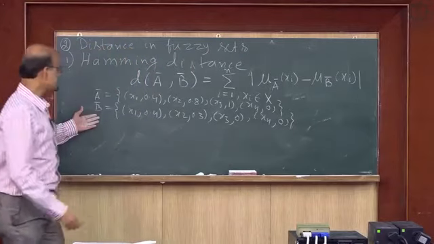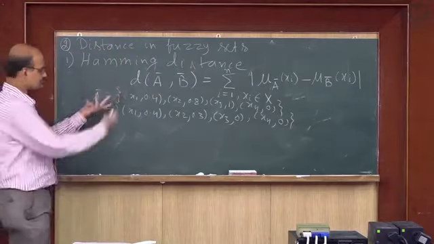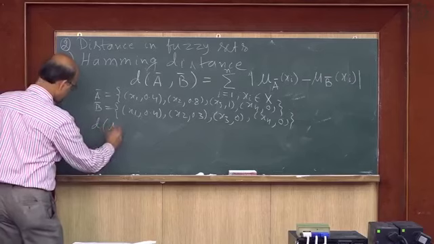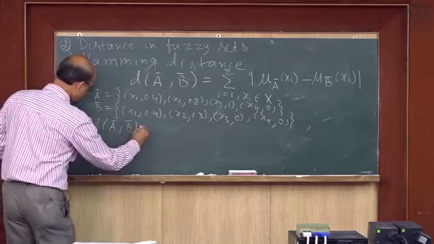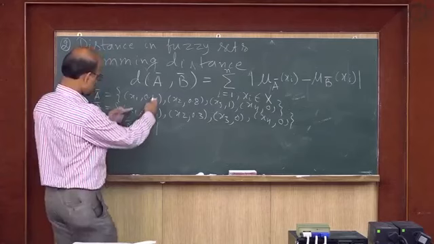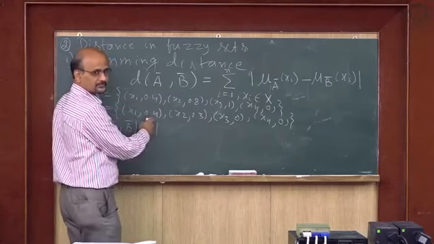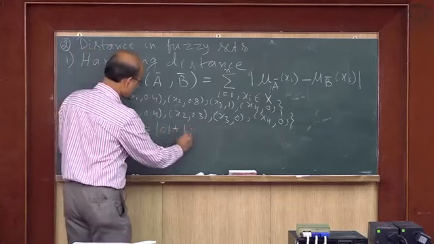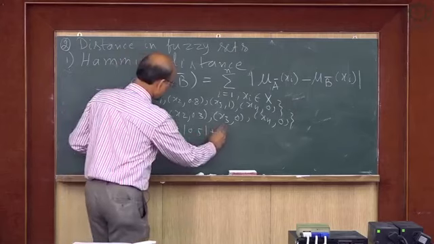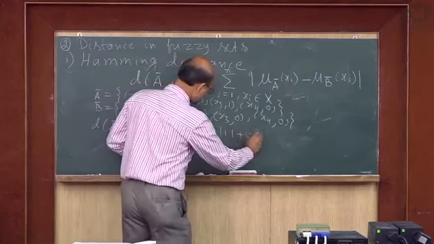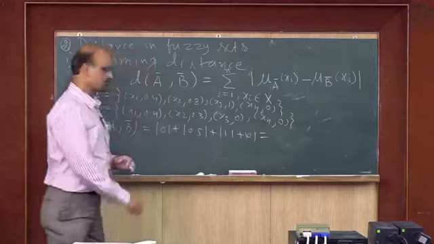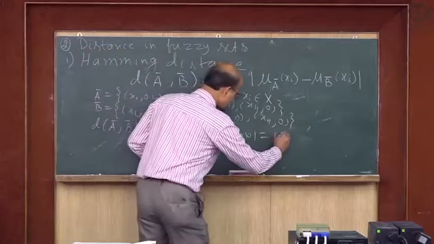These are two fuzzy sets and I want to find the Hamming distance. So, it is simple, D of A bar B bar will be 0.4 minus 0.4, which is 0, plus 0.5 plus 1 plus 0. This is 1.5.